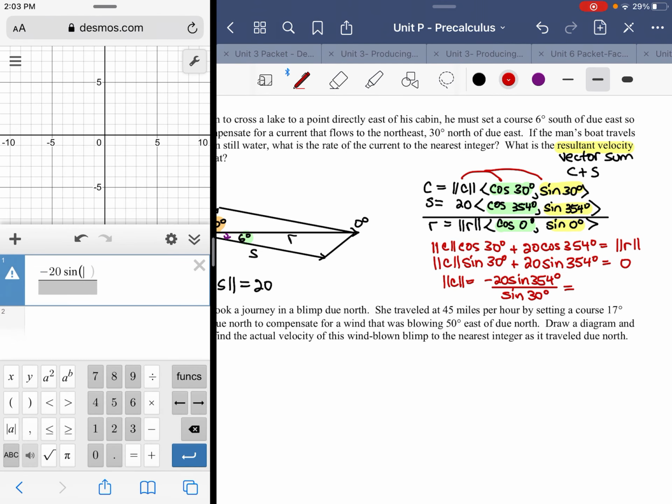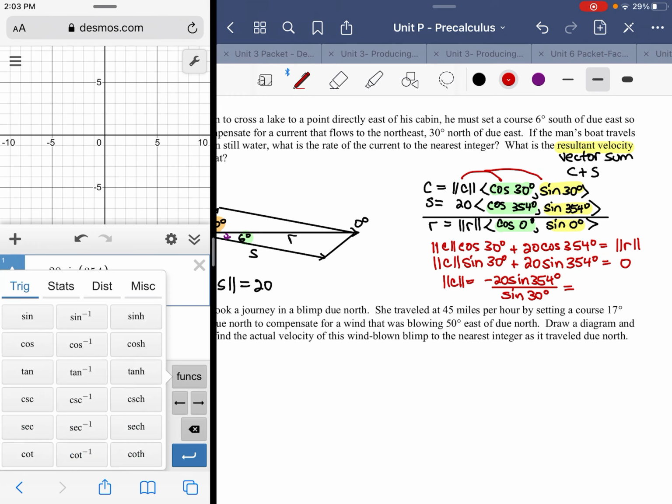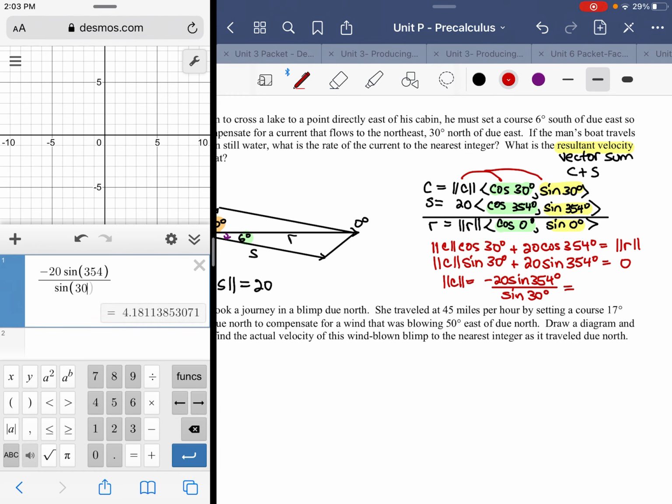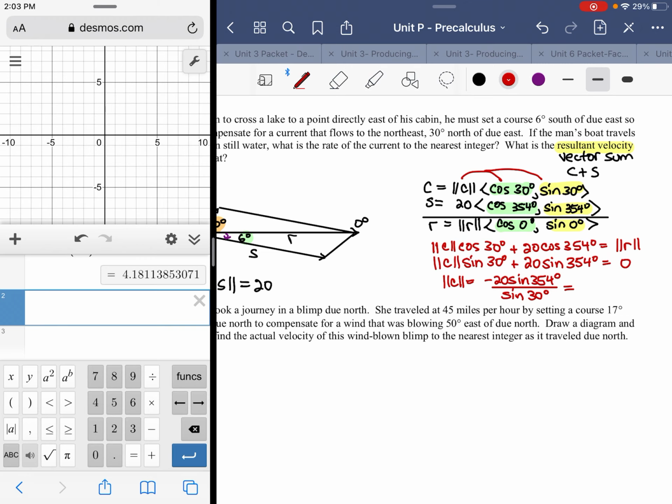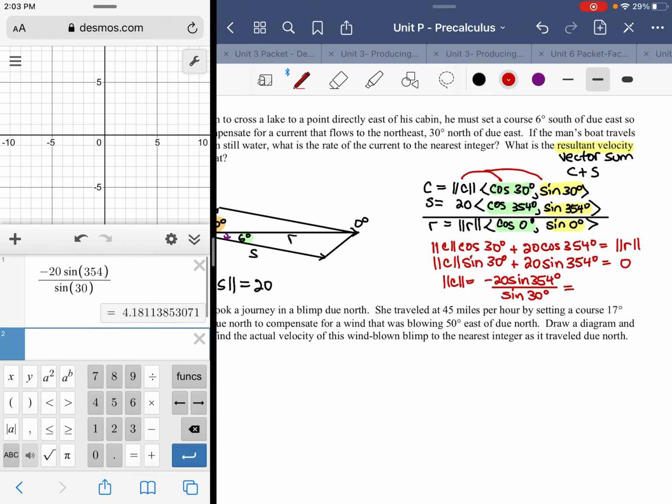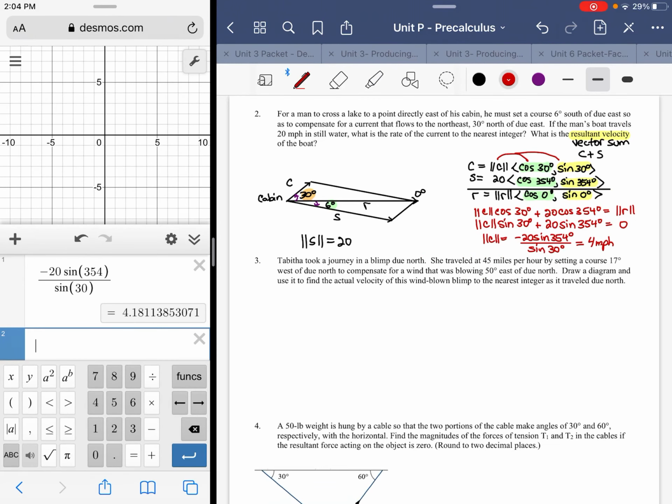Let me first put my Desmos in degree mode, create a fraction, negative 20 sine 354, so now it knows it's not a radian, over sine of 30. I got that value, it's about 4.2 miles an hour.